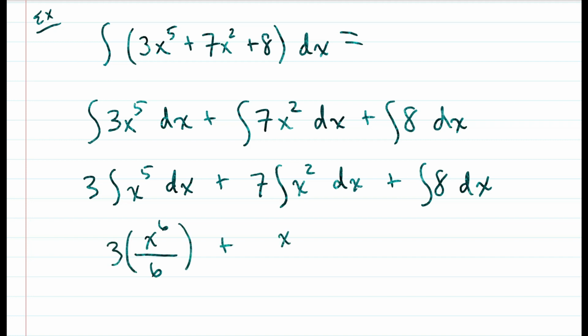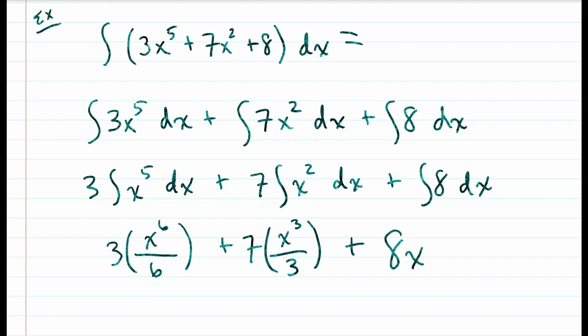plus x to the 3rd power over 3 times that's 7, and this is plus. This one's a little bit different, right, because we don't have something raised to a power, but remember the thinking of it. We're going to say, what would we take the derivative of and get 8? If we took the derivative of 8x, yes, we would get 8.